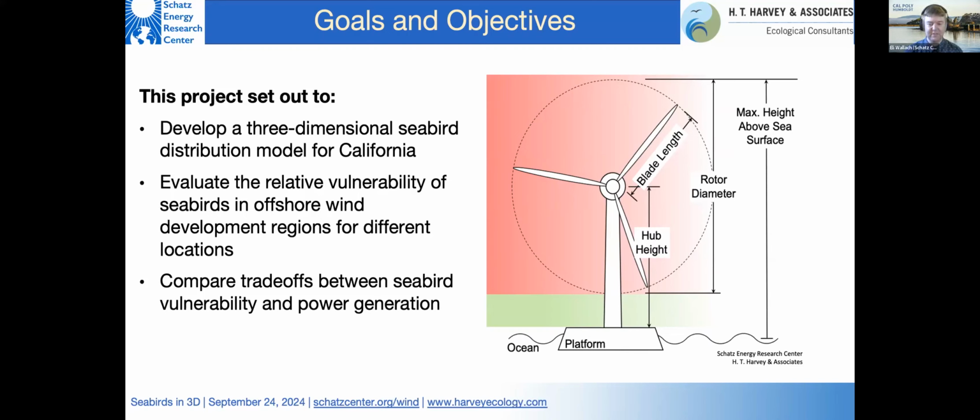For turbines considered in this study, the bottom of the rotor is quite high, at 30 meters above the sea surface, or close to 100 feet, representing a large amount of airspace below the rotor blades. The goal of generating three-dimensional seabird density estimates is to understand to what extent seabirds may be present, not just in potential wind facility areas, but also at heights which put them at risk.